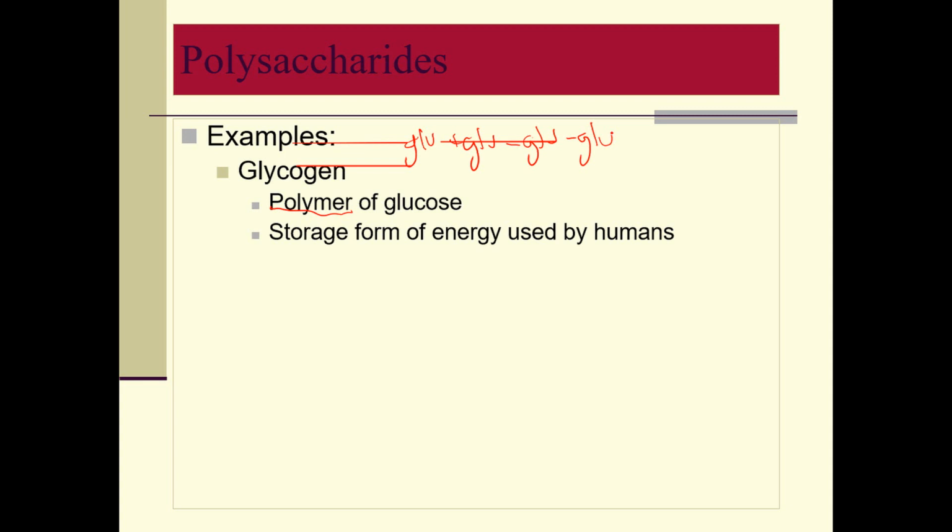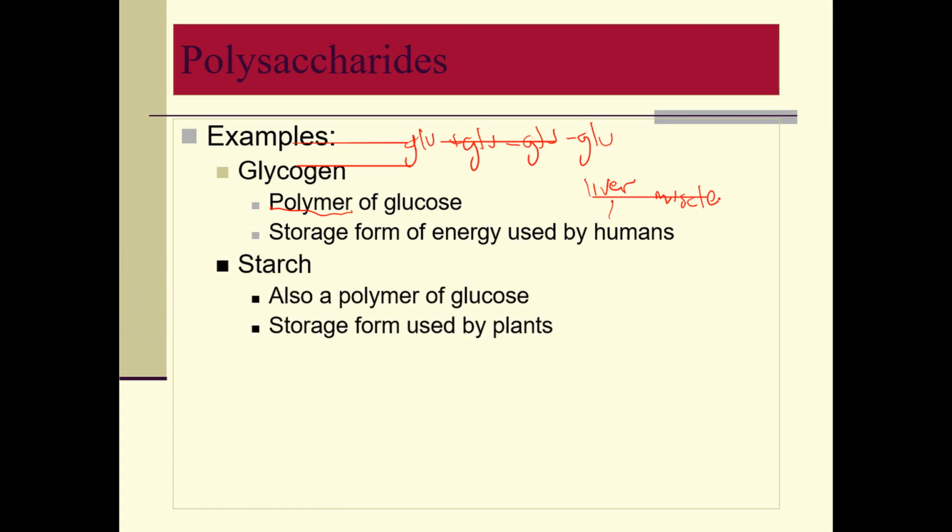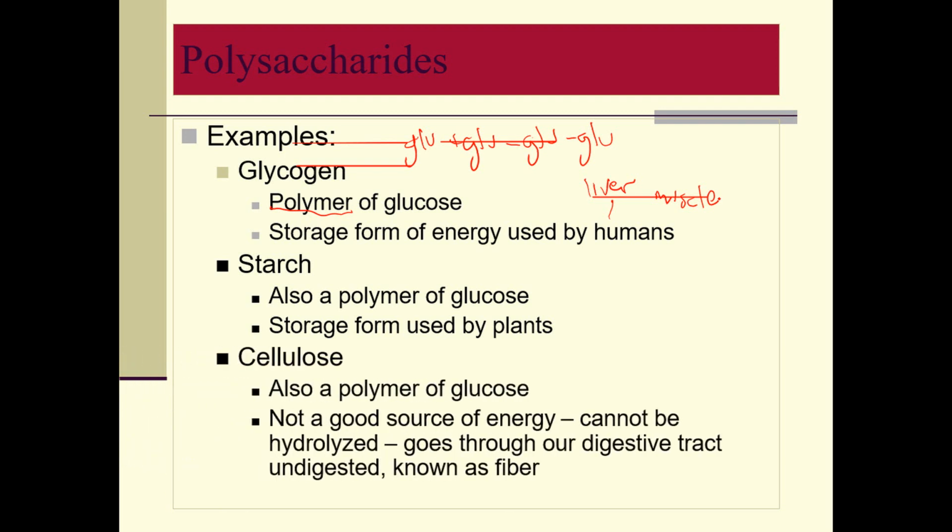It's a storage form of energy used by humans. It is predominantly found in the liver and muscle. Starch is also a polymer of glucose, and it's the storage form used by plants. And then finally we have cellulose. It's also a polymer of glucose. It is found in plants, right? It makes up the cell wall of plants.